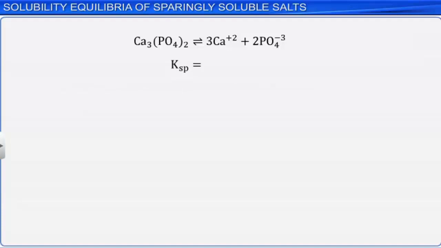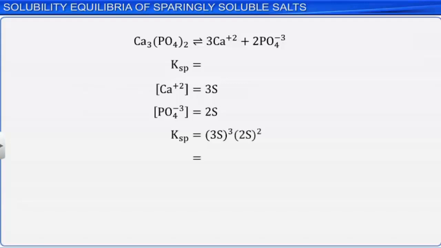If S is the molar solubility of calcium phosphate, then the concentration of Ca2+ ions will be equal to 3S and the concentration of phosphate ions will be equal to 2S. Substituting the concentration of calcium and phosphate ions in the Ksp equation for calcium phosphate, we get the solubility product Ksp is equal to the product of 3S raised to the power of 3 and 2S raised to the power of 2.